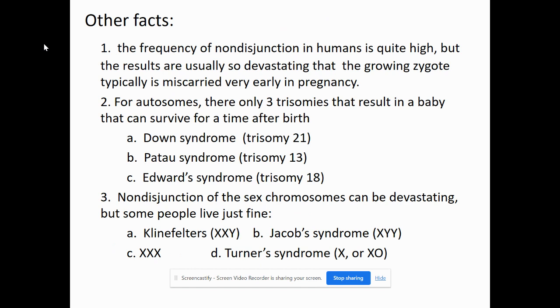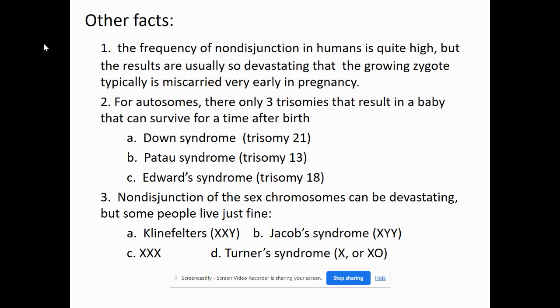Patau and Edwards syndrome, I can tell you a little bit more about on Wednesday. They're born, but their lifespan's pretty short. Some people that have Edwards can live into their 20s or 30s, but that's somewhat rare. With Patau syndrome, most babies only live a couple of weeks.